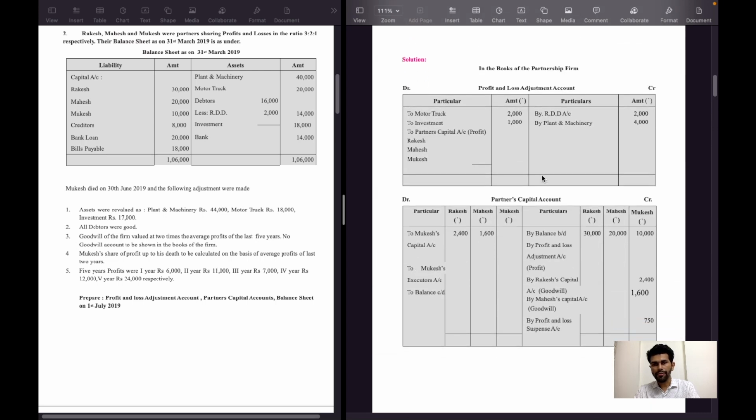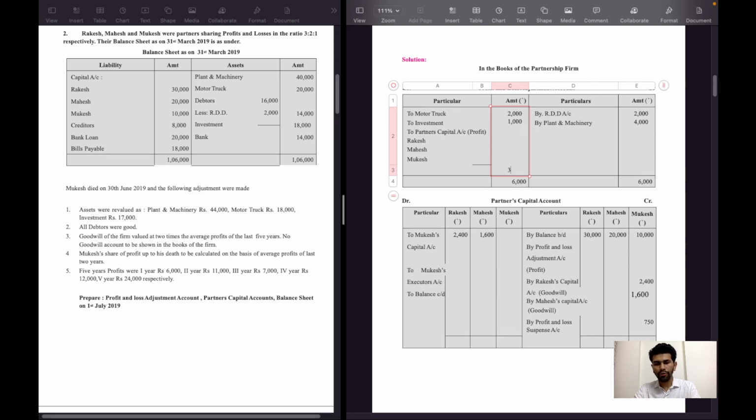So first we will close the profit and loss adjustment account. Credit side is more, 6,000 rupees total. It will be shifted to debit side and balancing figure will be 3,000 rupees. This 3,000 rupees will be distributed among old partners in old ratio, that is 3:2:1.